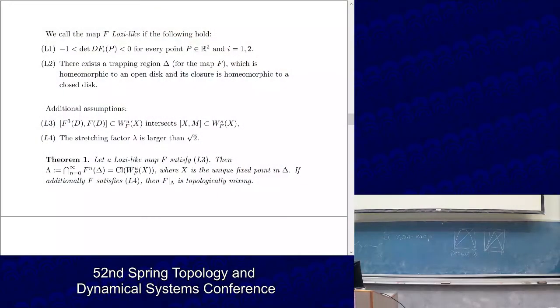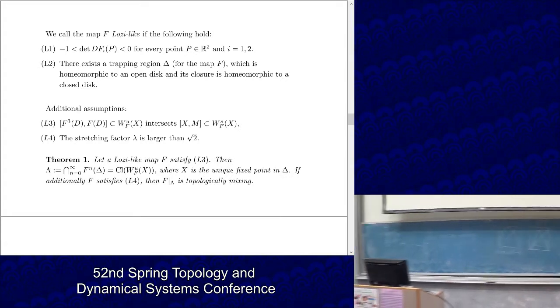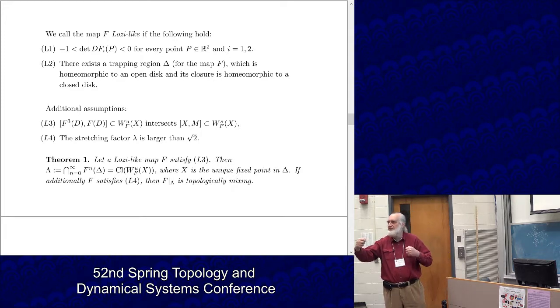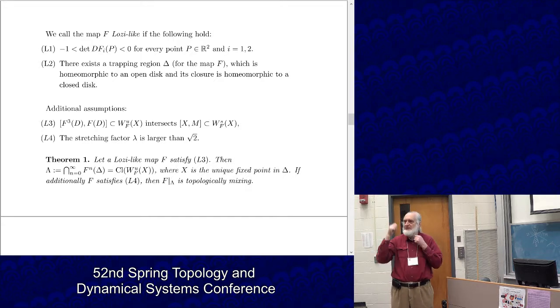Why does this happen? Because when you iterate the map, there is a constant competition between stretching and folding. Here we have for the tent map folding. For those maps, again, you have folding. So if the stretching factor is larger than square root of 2, then in 2 steps, you stretch by a factor which is larger than 2. If you fold, still the stretching factor is larger than 1. If you fold, you divide the length by 2.